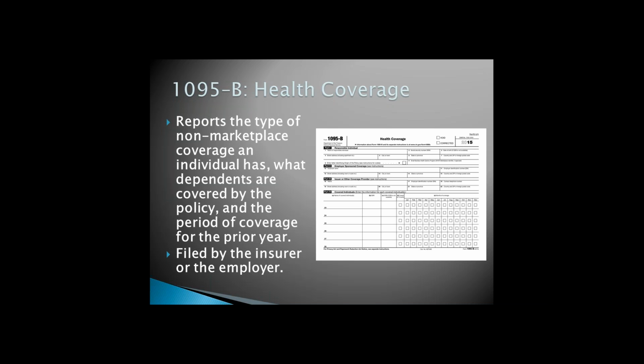Again, the 1095B is filed by a self-insured, non-applicable large employer. That means the employer has 50 or less full-time employees and/or equivalents and has a self-insured plan. Self-insured employers will be impacted greatly by the ACA because they have reporting requirements on a much larger scale than employers with fully insured plans.